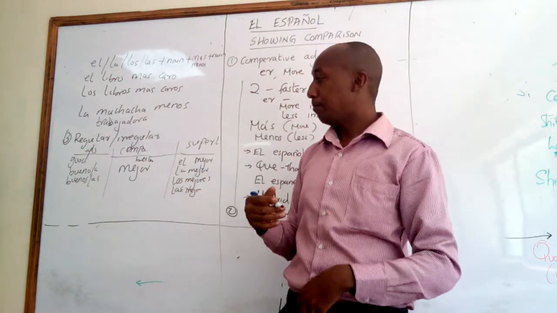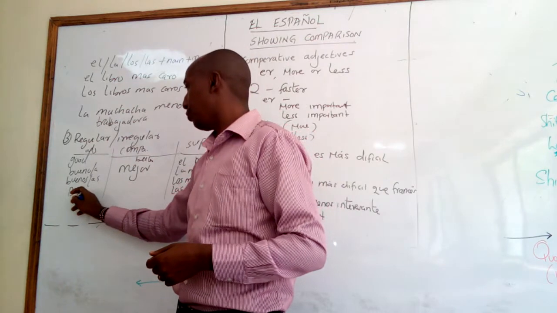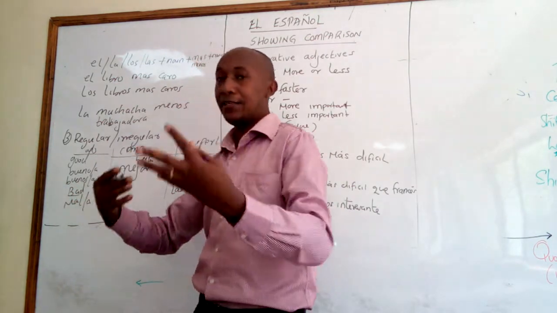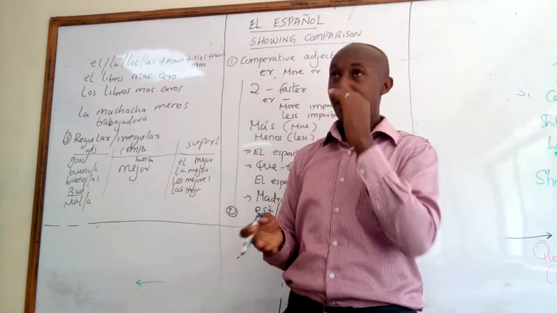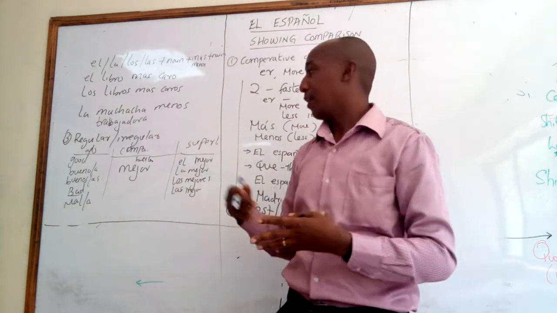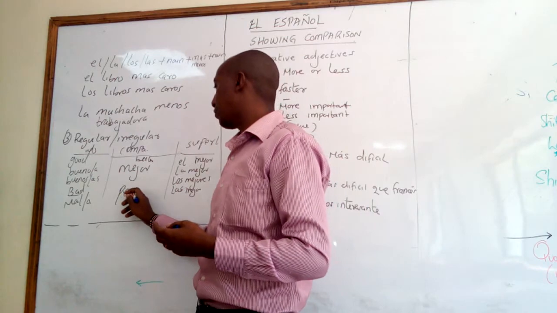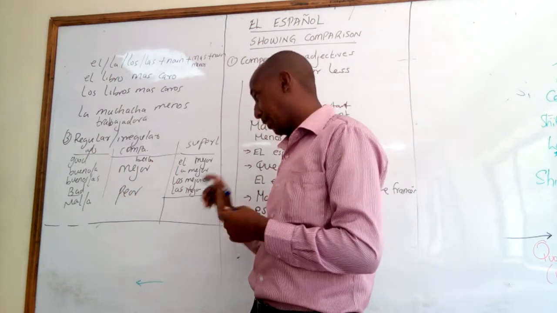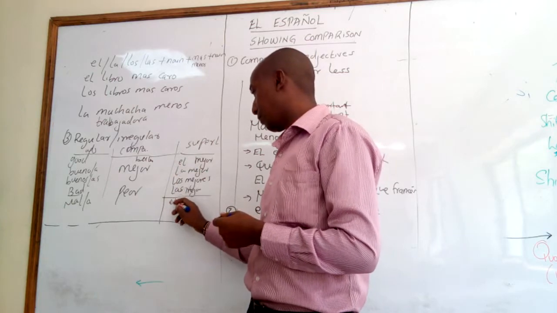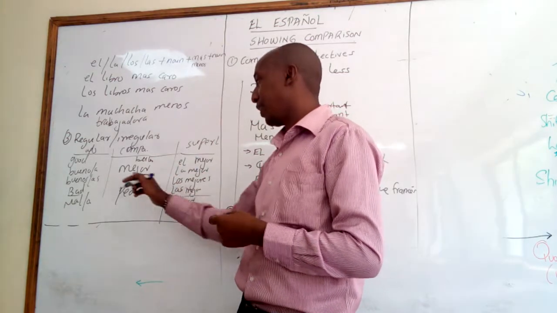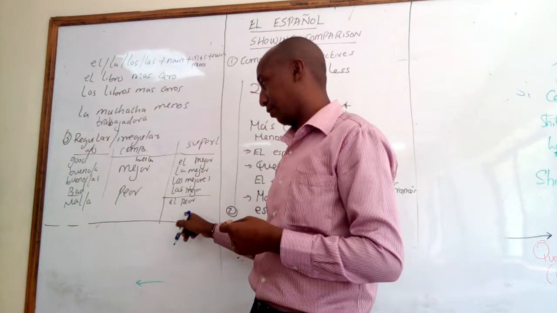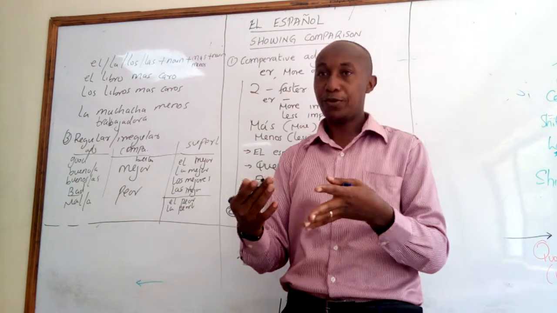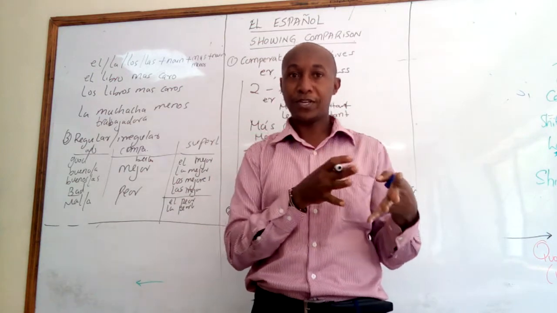The opposite of good is bad, and we do the same. We have mal, which can also change to mala, malos and malas. The comparative becomes peor, and with the superlatives you also use the articles: el peor. So we have bad, worse, worst. So we have la peor, and then you also form the plural, los peores and las peores.